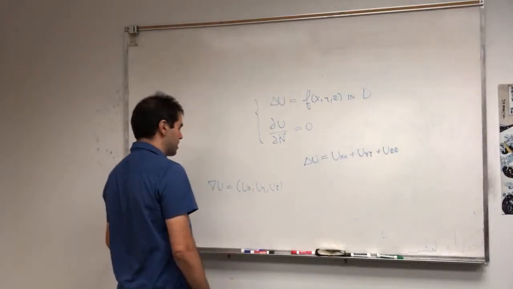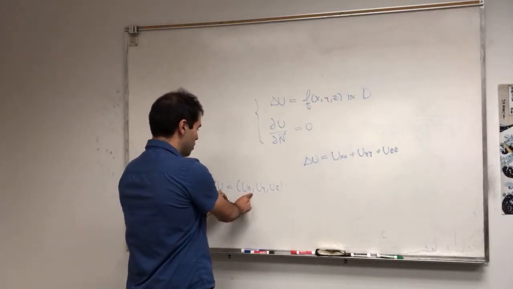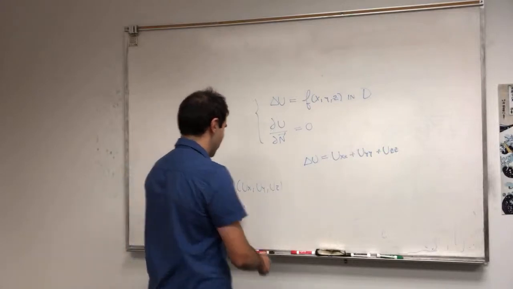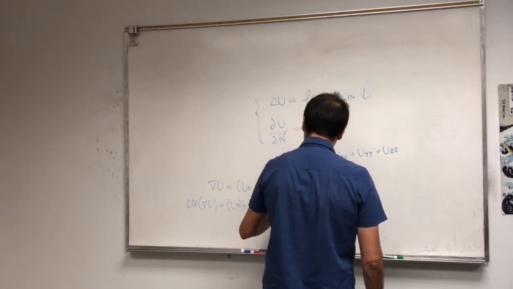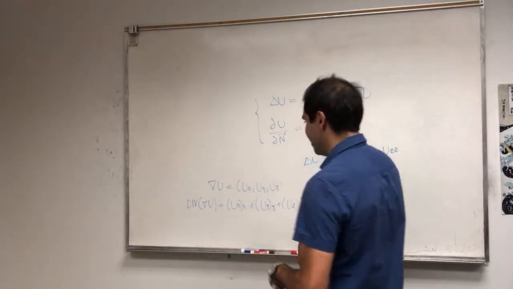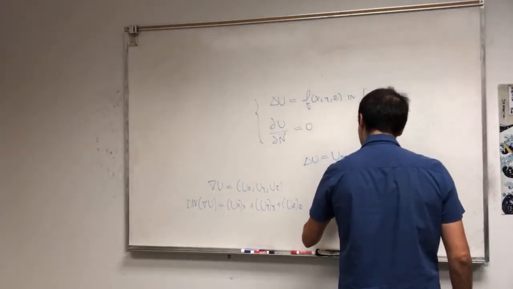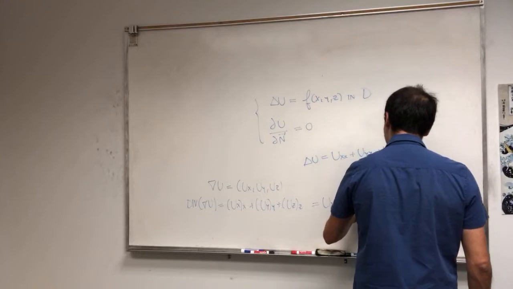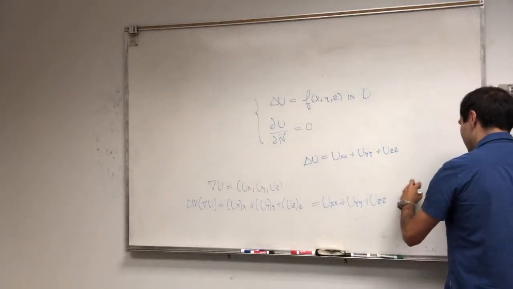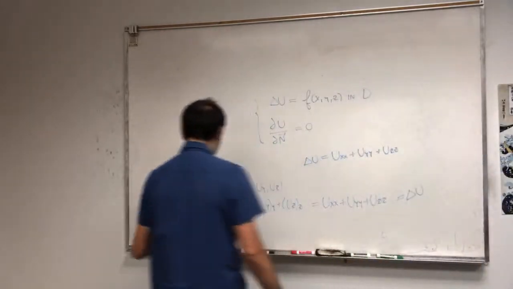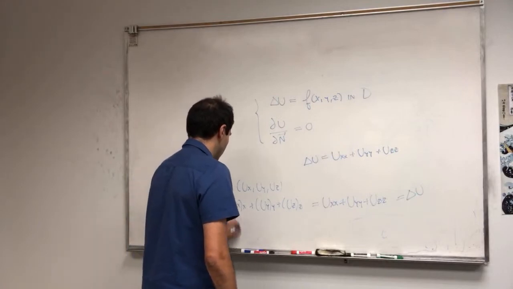Let's say you take the divergence of that. That gives you the first component with respect to x, the second component with respect to y, the third component with respect to z. That's the definition of the divergence of a vector field. But notice that's precisely uxx plus uyy plus uzz, which is the Laplacian. So for part B, we kind of need this fact: Laplacian of u is the divergence of the gradient.